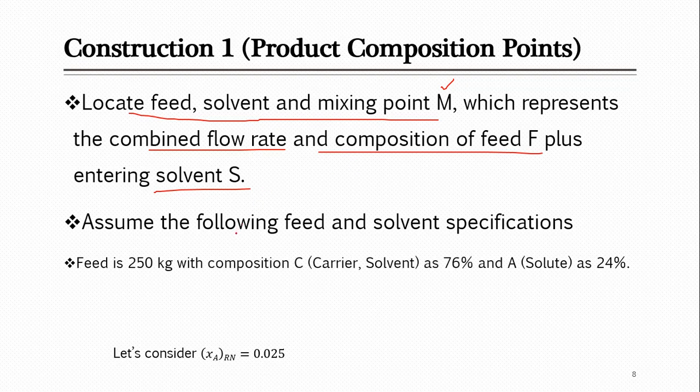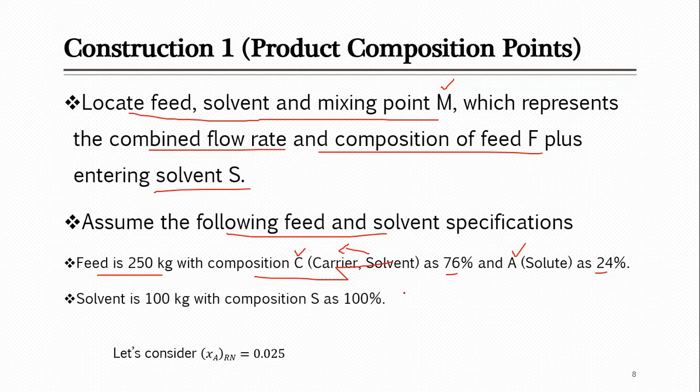Just consider that the feed amount is 250 kg and it contains two components, A and C. C is the carrier, and its amount is 76%, while the solute A is only a single solute, and that's 24%, because you are talking about a ternary system. So you will have only two components in the feed, one is solute and the other is the solvent, also called the carrier because it is carrying the solute.